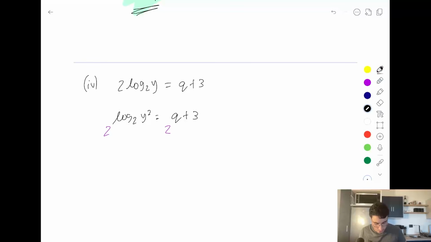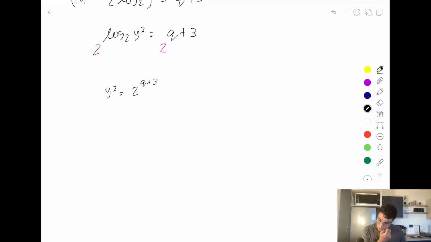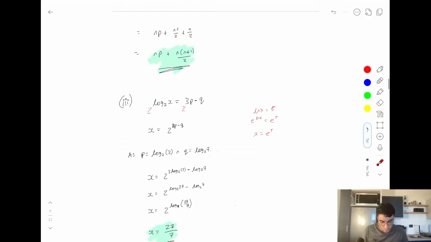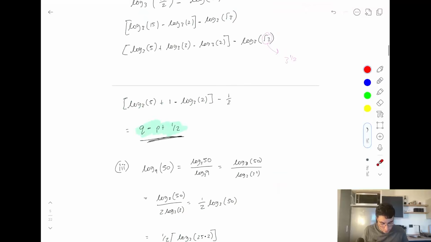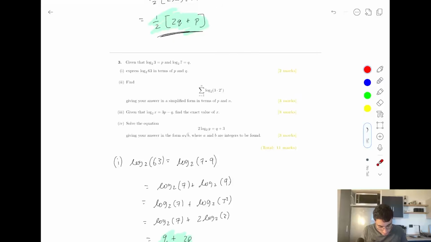Okay. So I get y squared is equal to 2 to the power of q plus 3. Okay. Now what is q? Remember, I don't want 2 unknowns here. Well, q, if you recall, q is log 2 7.